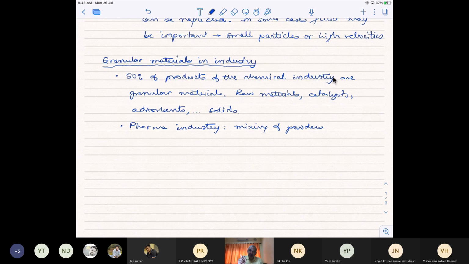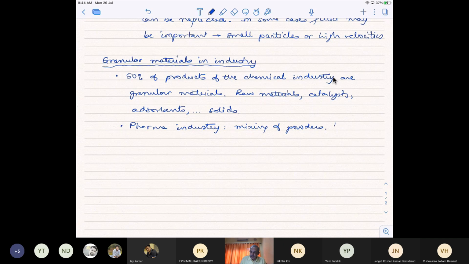Usually the active ingredient is in a very small quantity, and then you have to mix it in some large amount of inert material. But here the mixing has to be perfect, because you can't have one tablet which has more of the active material and another tablet which has less, because obviously it could have a big effect on the effectiveness of your medicine.